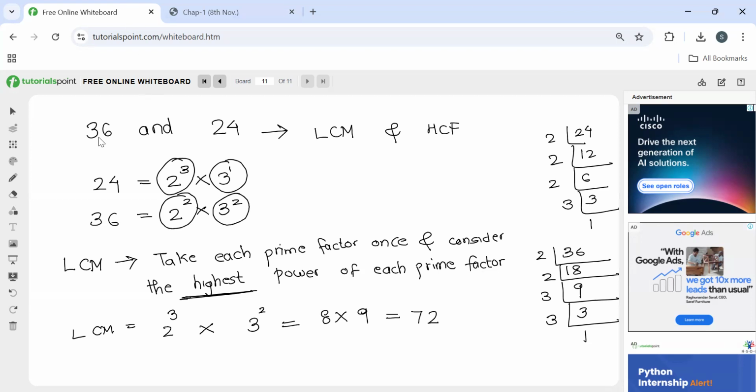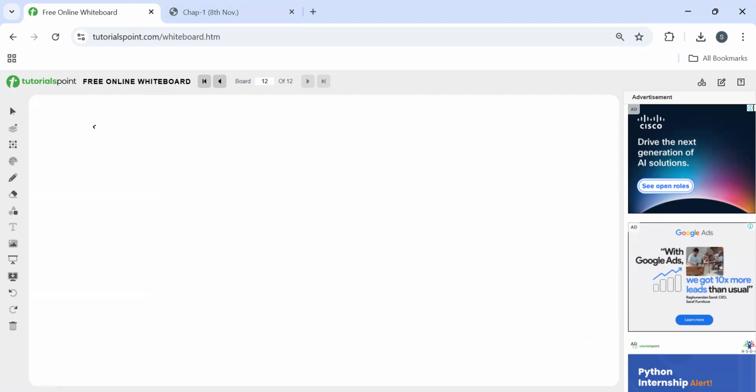Now, let's understand how to find HCF. Since 24 is equal to 2 cube into 3 and 36 is equal to 2 square into 3 square, in case of HCF, you will consider only the common prime factors, and take the smallest power of each common prime factor.